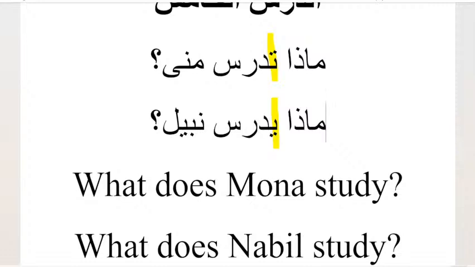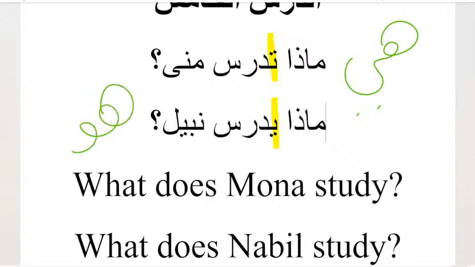And يدرس is the conjugation of the same verb with the pronoun he, هو. Let's write them here. So تدرس, هي, this is she, and يدرس, هو, this is he. As you see, هي هاء ياء and هو هاء واو.